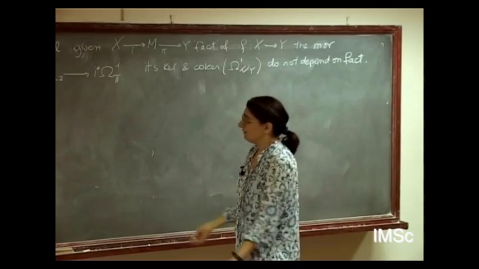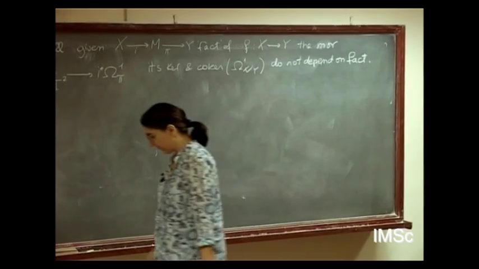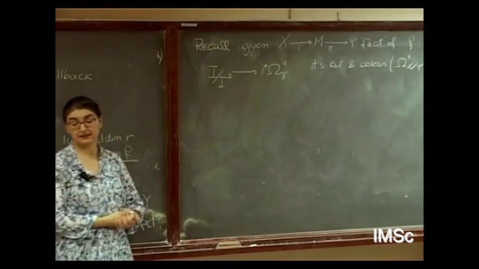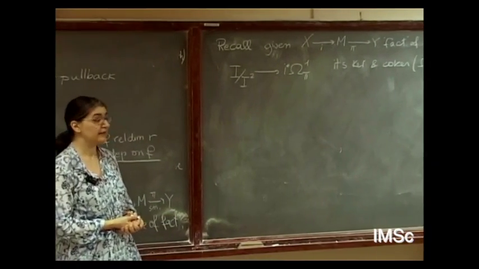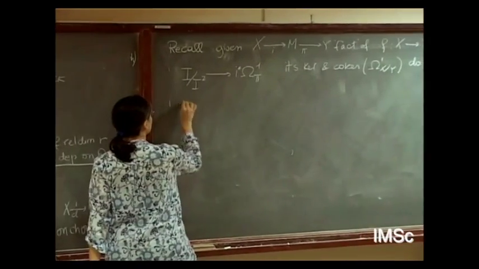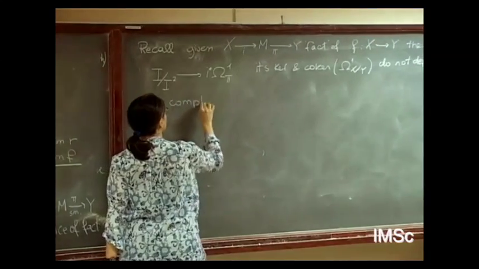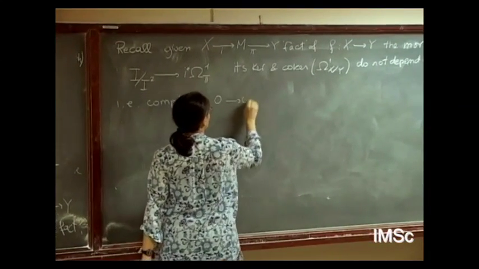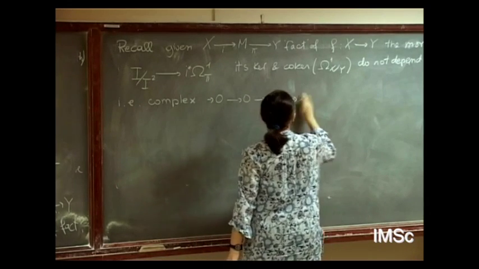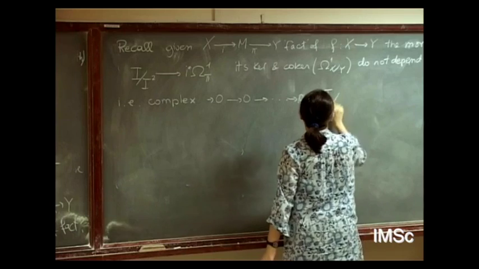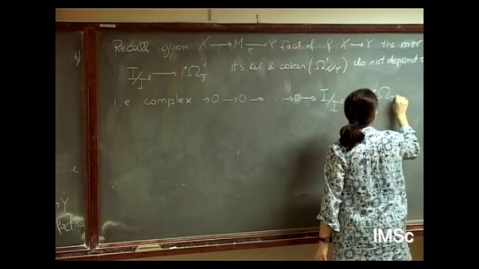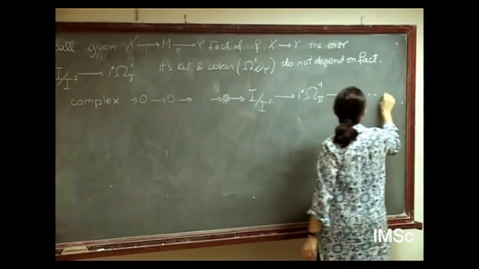And the kernel and the co-kernel of a morphism are very natural conditions, but if you have ever seen the definition of derived category, then what you get naturally is that, i.e., the complex with all zeros, infinitely many zeros, and then I have a 0, I mod I squared, I pullback of omega 1 pi, 0, all zeros.